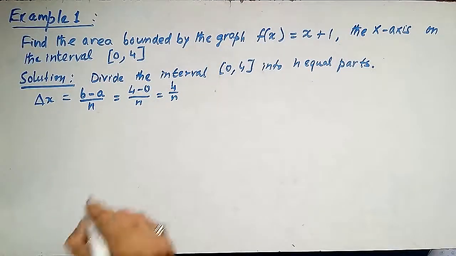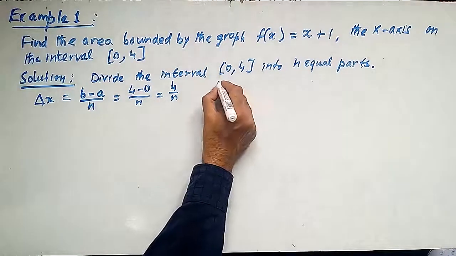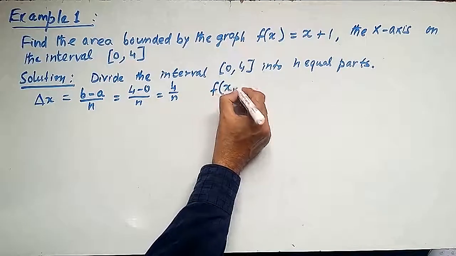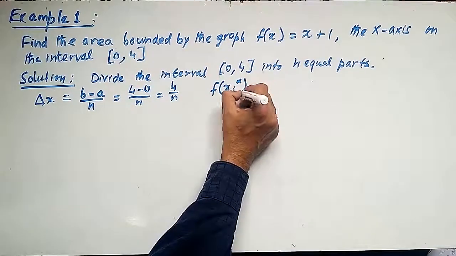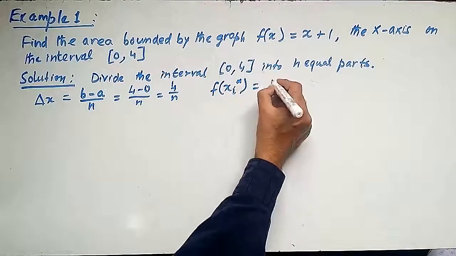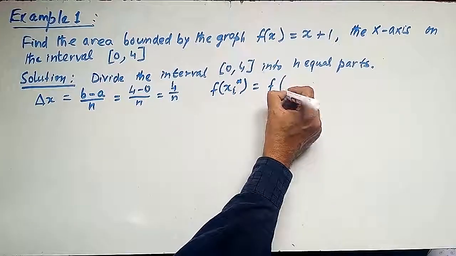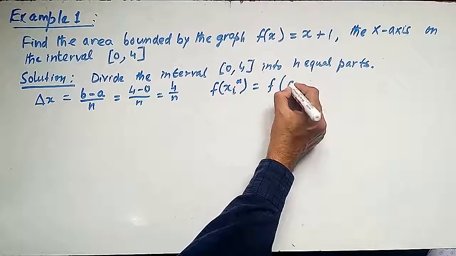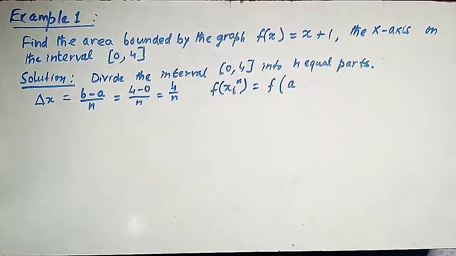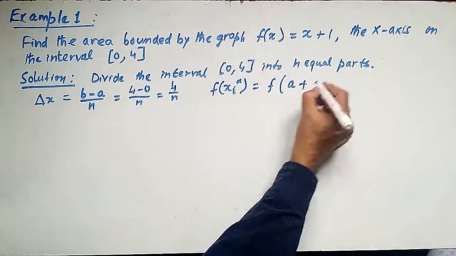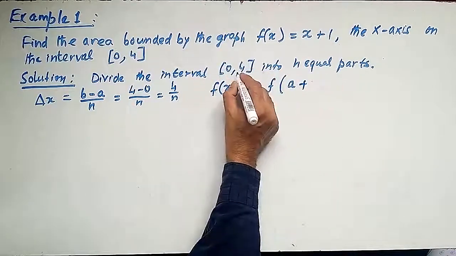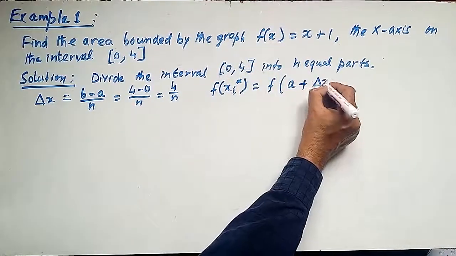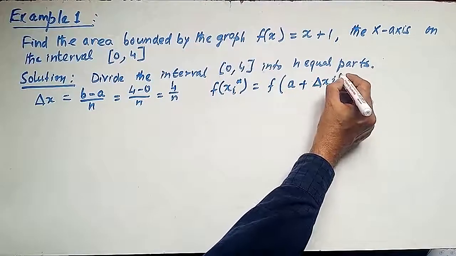Now we have to find out the value of the function at the ith interval. What is the value of x at the ith interval? It is the initial point, that is a, plus delta x into i, where delta x is the width of one interval.